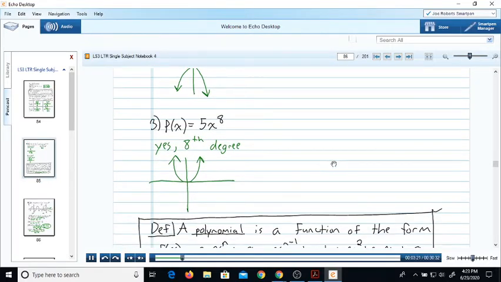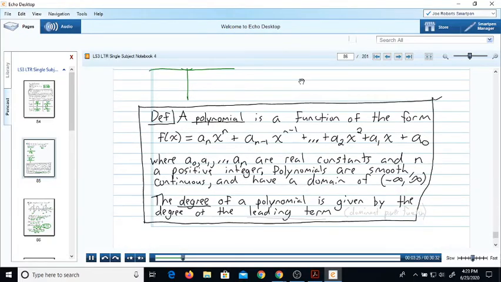Now that brings us to polynomials. Now that we got power functions out of the way, we can discuss polynomials. Basically, a polynomial function is just a bunch of power functions added and subtracted together. So if we combine a bunch of power functions, we get what's called a polynomial. The graph of the polynomial is still going to be smooth, continuous, and have a domain of all real numbers.